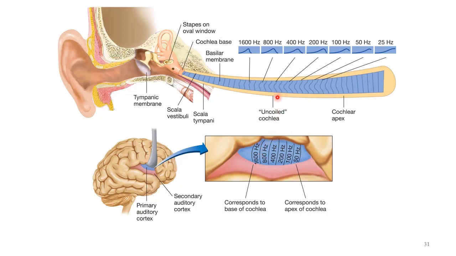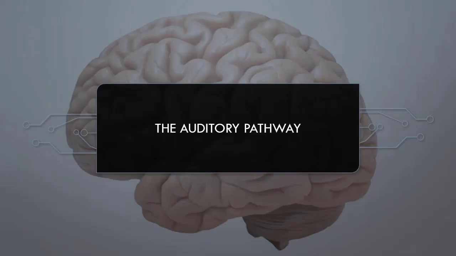So specific regions of the basilar membrane that represent certain frequencies then project into the primary auditory cortex, which maintains this same kind of tonotopic map. So much like the visual system, this systemic mapping is maintained across the entire system. It's an organized system.